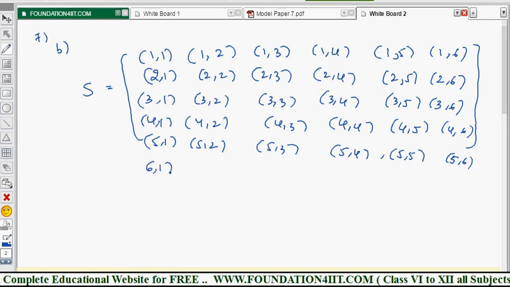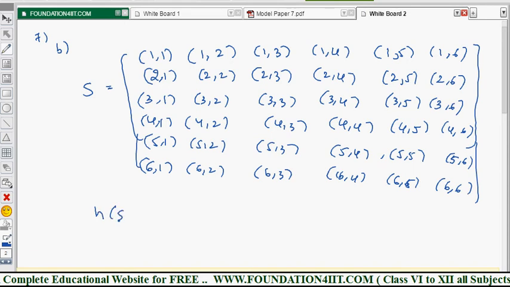And finally the last is 6: (6, 1), (6, 2), (6, 3), (6, 4), (6, 5) and (6, 6). So these are the sample space.